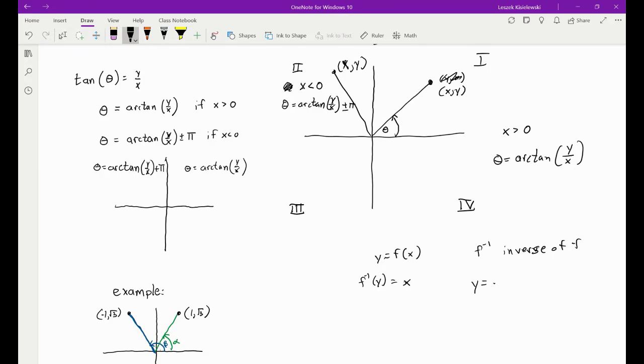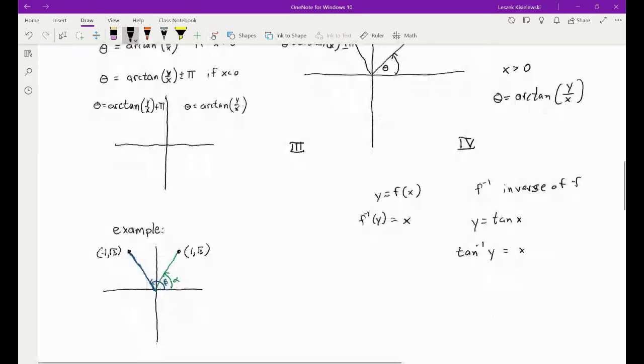So sometimes if you have y equals tangent x, rather loosely they'll write that the inverse of tangent is tangent to the -1 power in notation. Of course they mean the inverse of tangent when the domain of tangent is restricted to -pi/2 to pi/2. But this of course is not the same thing as the reciprocal, right?